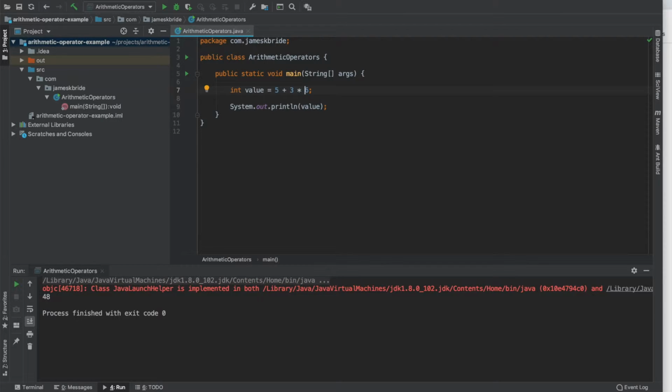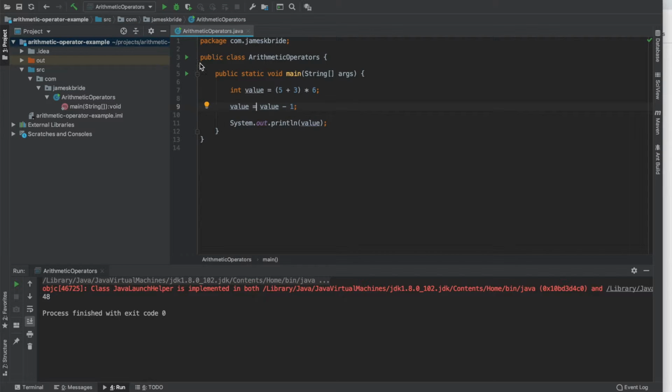So we have other operators, obviously. Let's go ahead and put 5 plus 3 back in. That gives us 48, right? So we can run that. Yep, 48. If we want to do additional math, we could also do, let's say, value equals value minus 1.